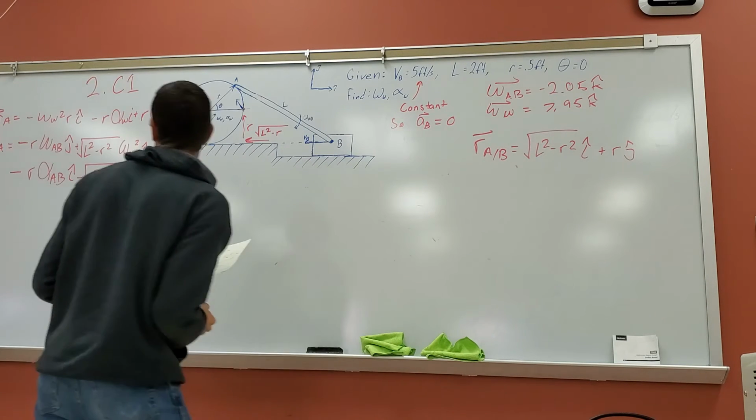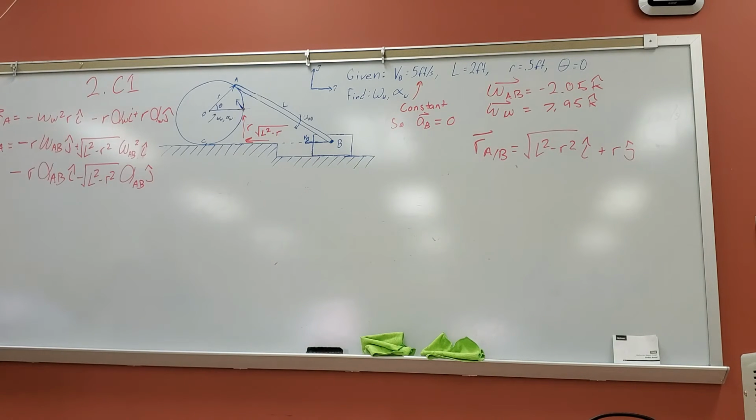So now that we have two equations that are both equal to the acceleration of A, we can take two of them and combine them and try to solve for the I hat direction and the J hat direction.